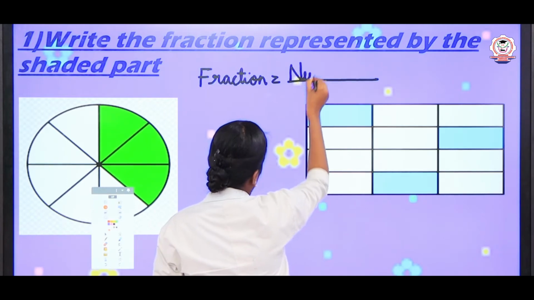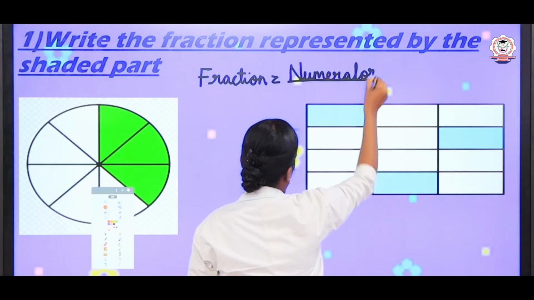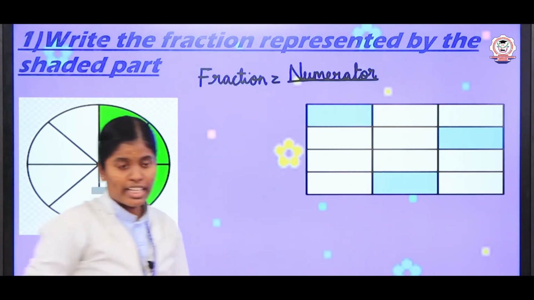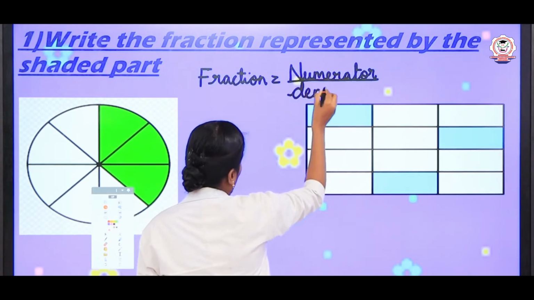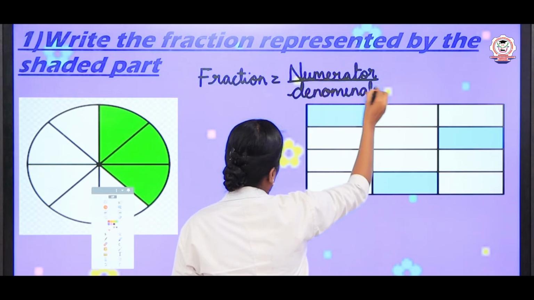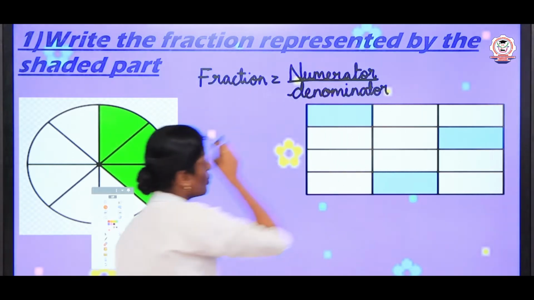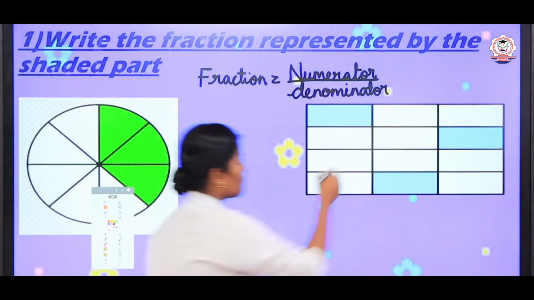Numerator is divided by denominator. So the numerator means the shaded part and the denominator means the total parts.